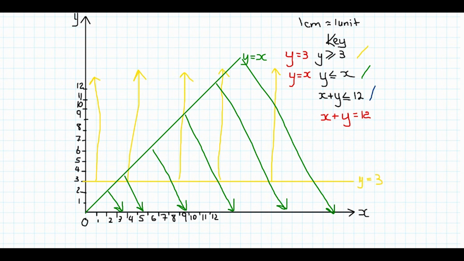But then there are these types of graphs where they could cut both the x and y axes. So to figure out where the graphs cut the axes, we need to know what happens at those particular points.